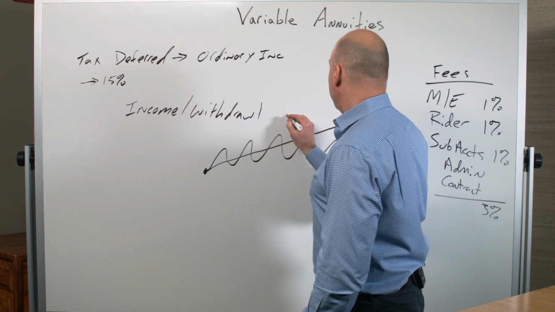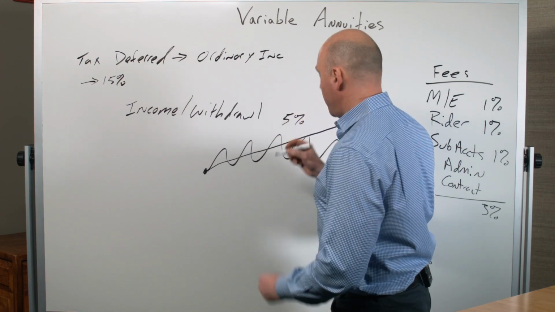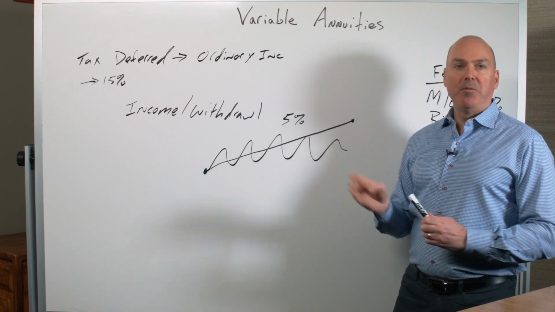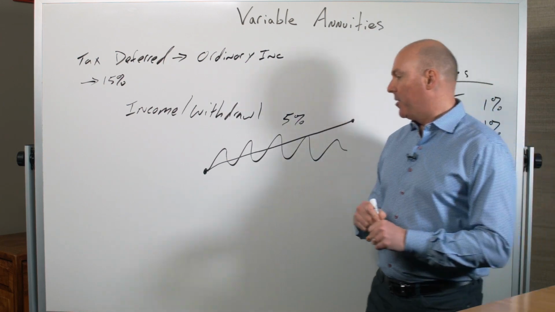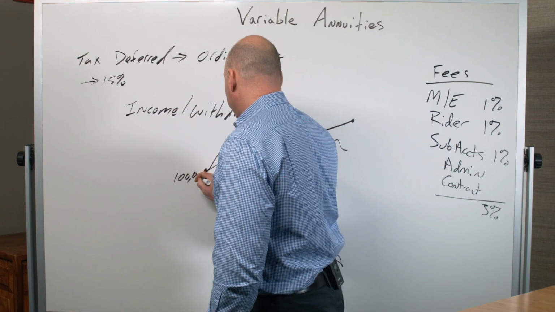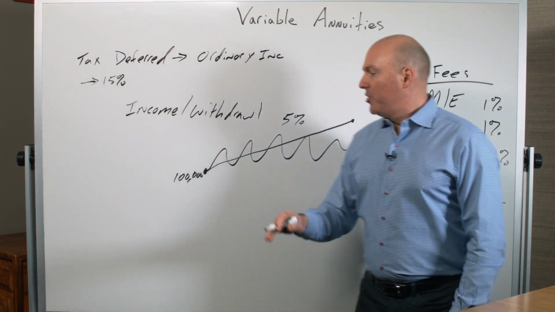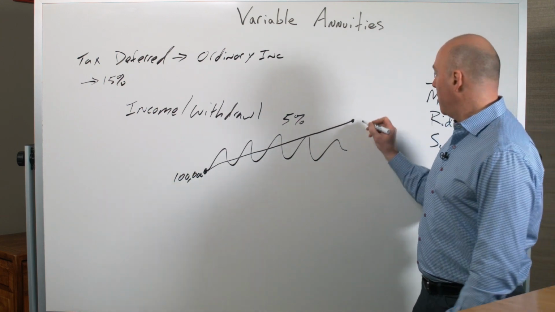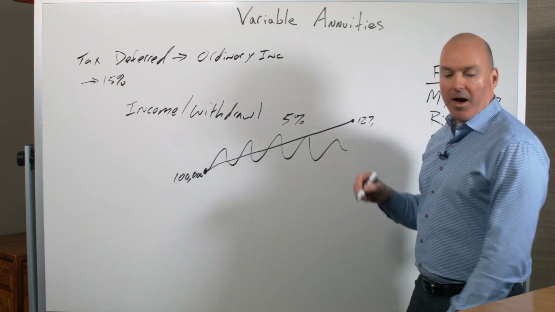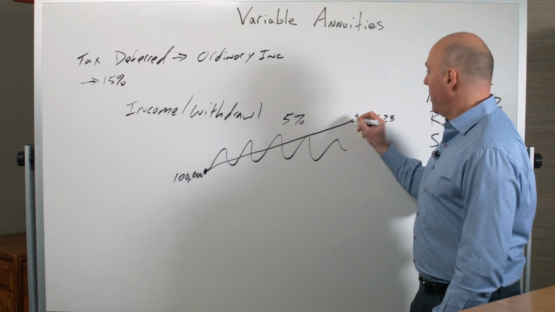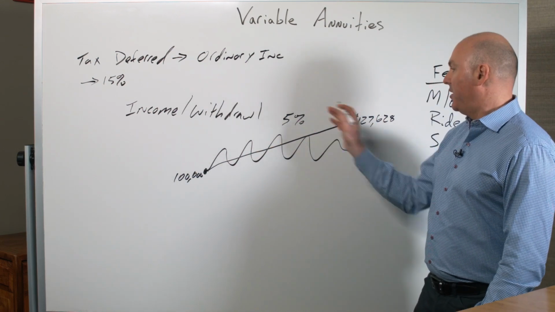But in here, we're going to use a hypothetical example, and we're going to say that in this case, they're going to grow that benefit base by 5% per year. So if we attach some numbers to this, let's say that you started off and you put $100,000 into an annuity, that benefit base, 5% compounded, is going to grow to $127,628. And that's just the simple math of $100,000 compounded at 5%.